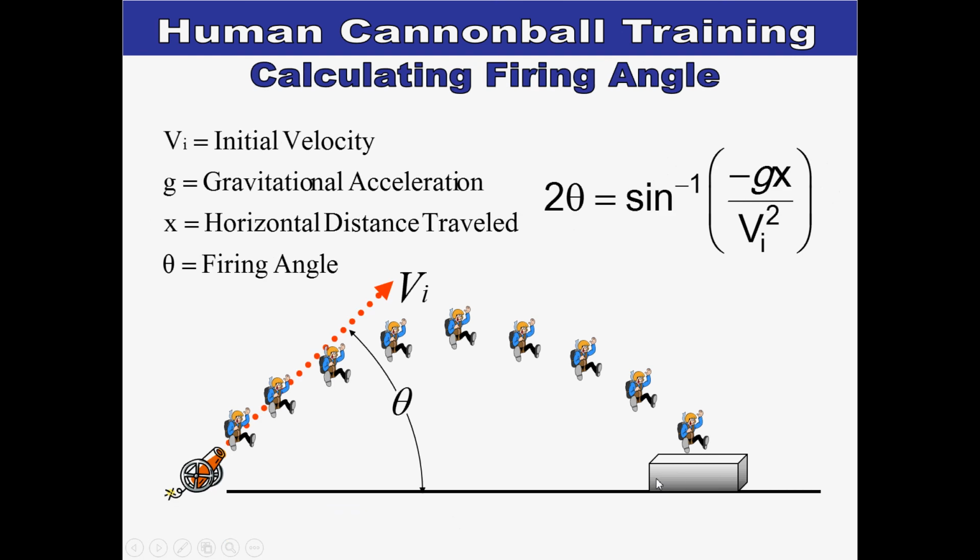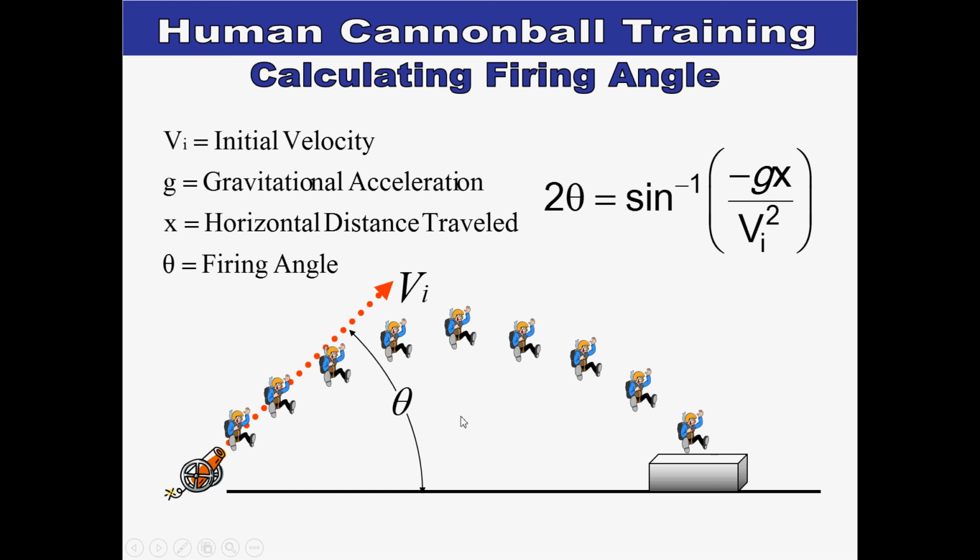If instead I knew how fast he fires out of the cannon, and I knew how far I wanted him to travel, and I wanted the angle, I would find this number, take the inverse sine of it, and that would give me 2 times the angle. Then I could just divide that by 2 and find the angle itself. That's how I can find these distances.